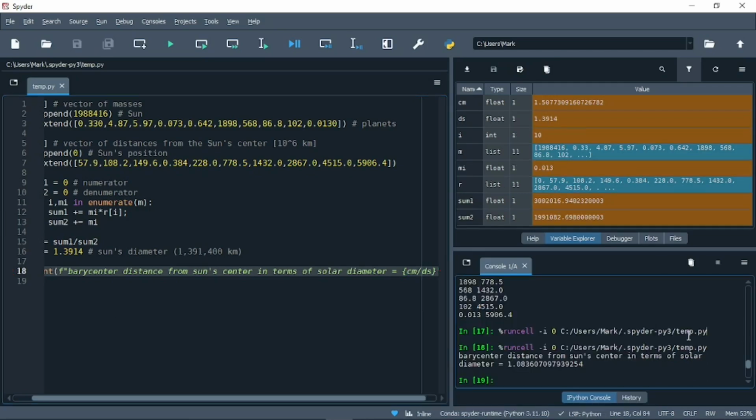It's working. Okay. This distance is like 1.08.